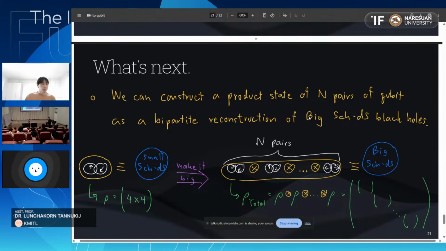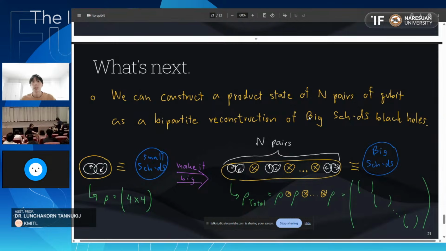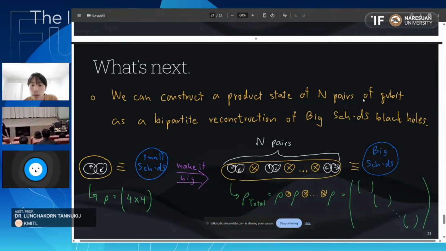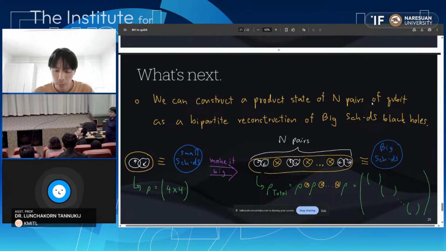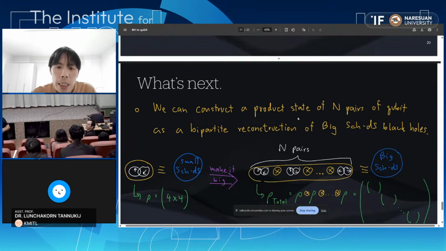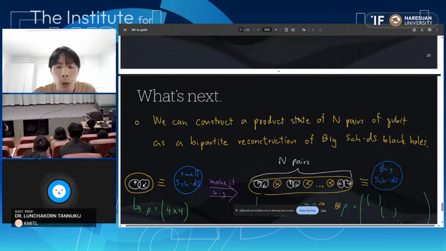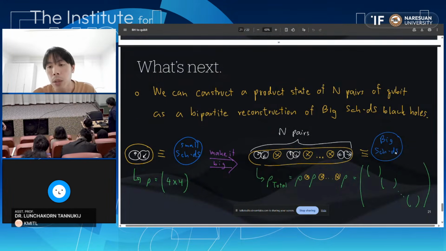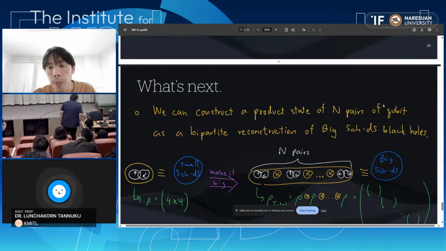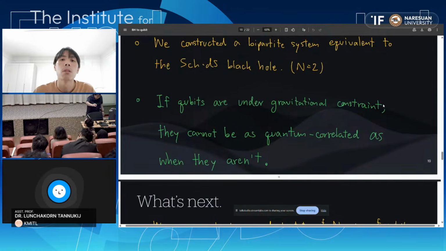Quick question. Hello. When you are constructing the bipartite states, you are just using tensor products. Does that mean they are separable states? Yes. Do you mean the generalization into a big black hole? I see.